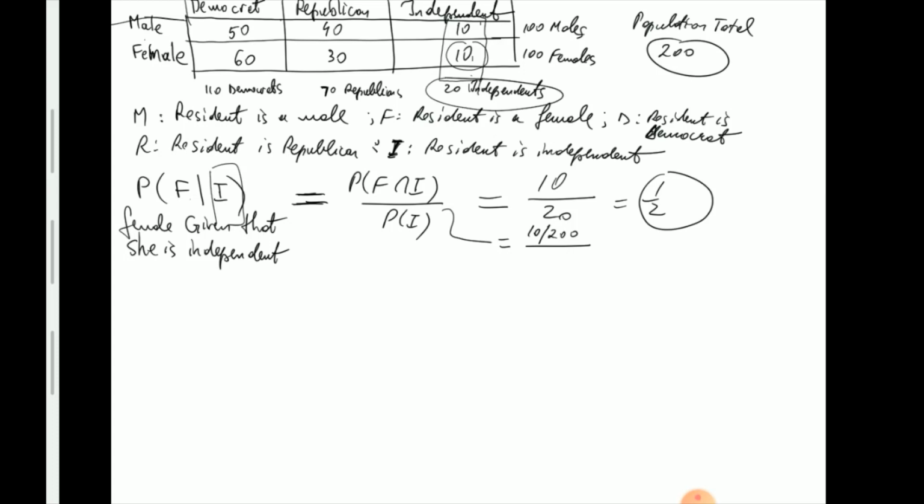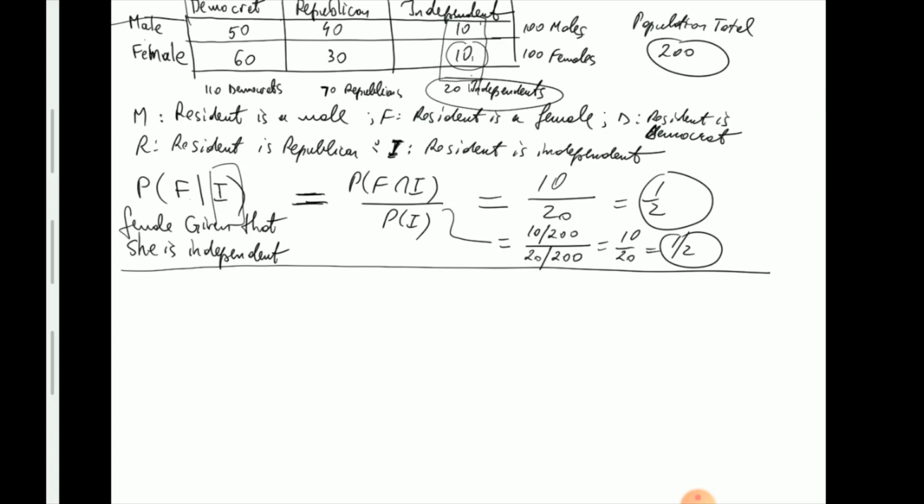See, this is why it's useful to make these totals. 20 independents divided by the total number of people, 200. So the 200 obviously cancels. It's 10 over 20, which gives you 1 over 2. But in general, when the data is given by tables, you can compute all these probabilities easily. You just have to pay attention to whether you add up by column or by row.